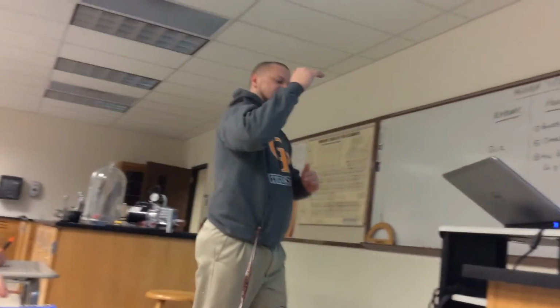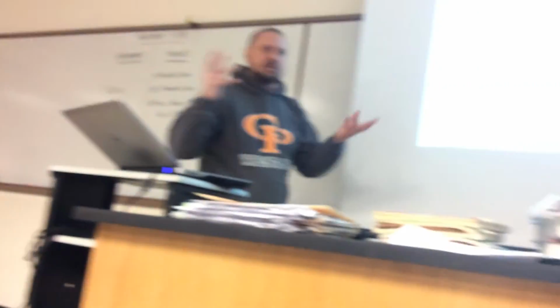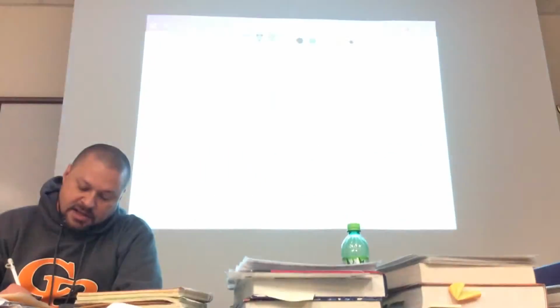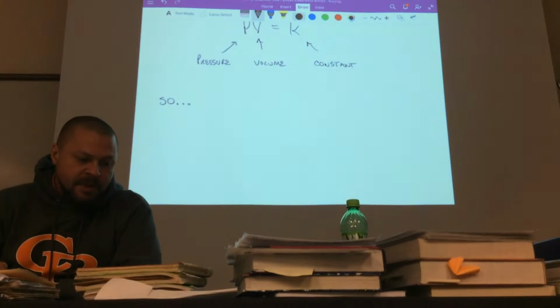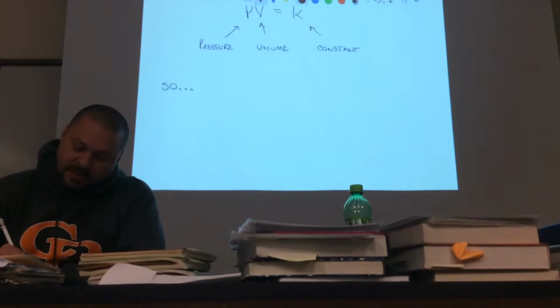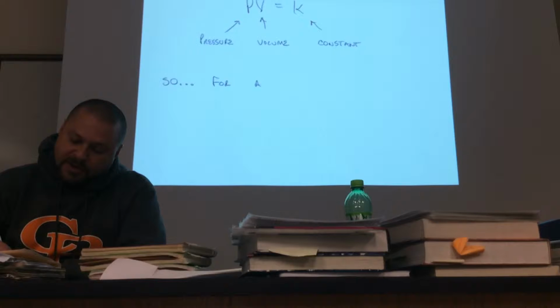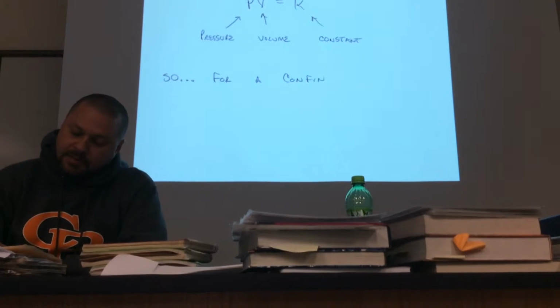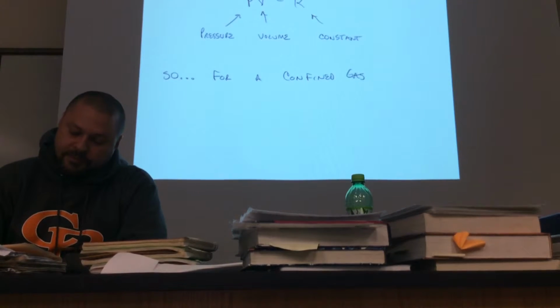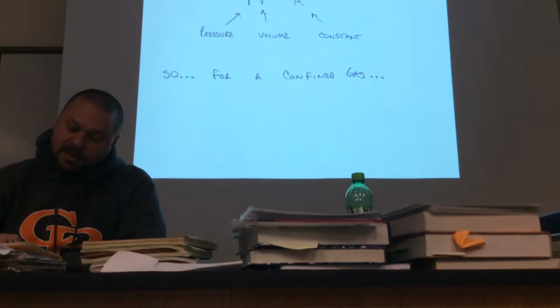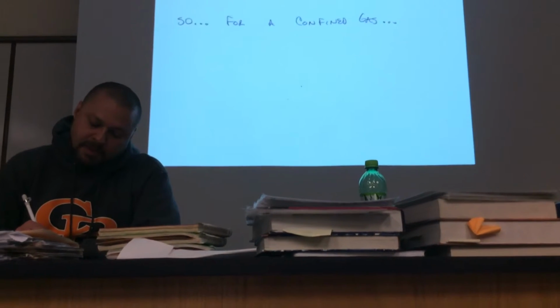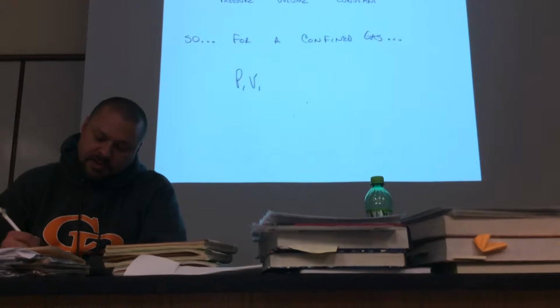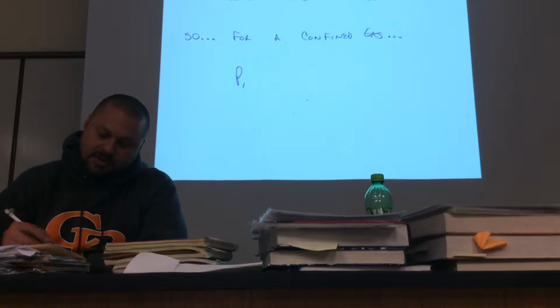So I take those two numbers, because they're both changing, but they change in such a way that they both continue to multiply to the same number. So the neat thing, and this is the insight that's pretty cool that Boyle has, is we can say, for a confined gas, P1V1.